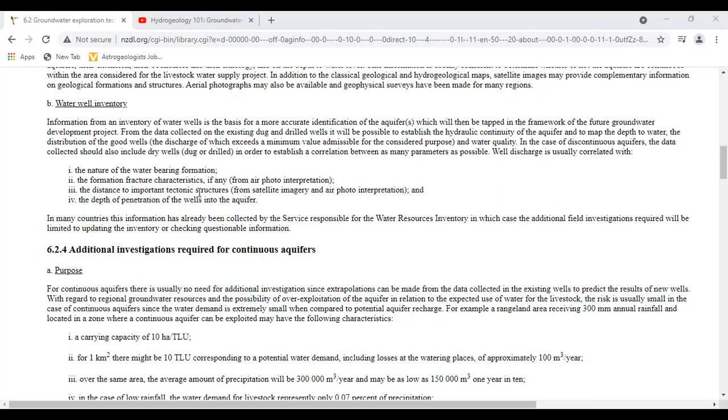So here I will explain step by step. The first one is the nature of the water bearing formation. Here, guys, in groundwater, water is stored or available in different types of formations. For example, if we identify water bearing in igneous rocks, that means igneous rocks have less permeability and less porosity.